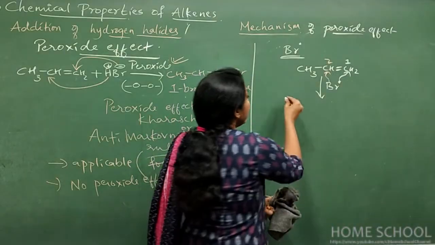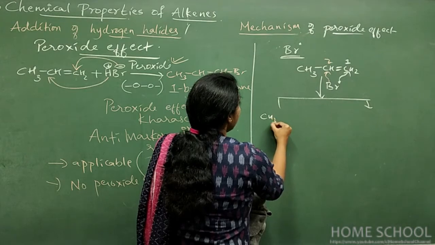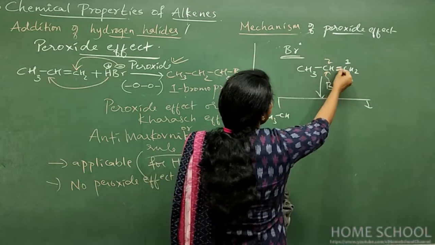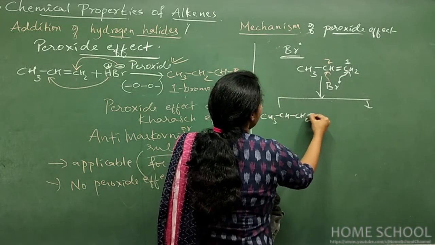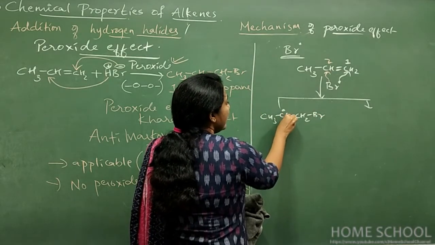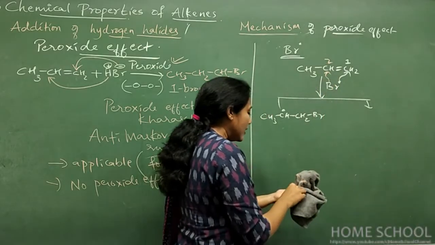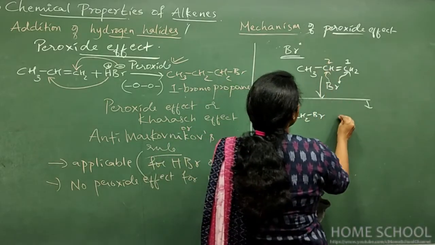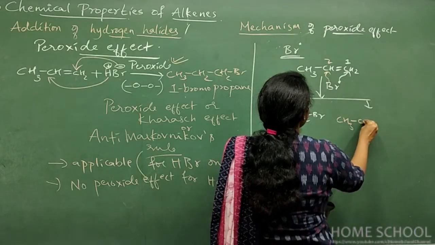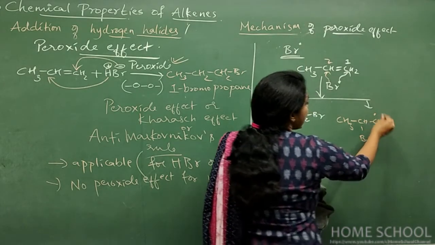If it is added to the first carbon, you get CH3, CH, single bond, CH2Br, with a single electron on this carbon, a free radical. If the Br free radical is added to the second carbon, you get CH3, CHBr, and the free radical on the first carbon.